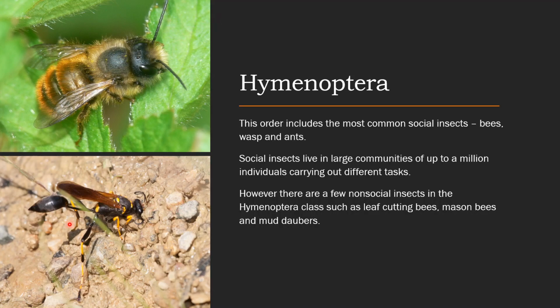And this here is a mud dauber. Now, mud daubers look a lot like wasps, and that's how they survive for the most part. They look so much like wasps, nobody wants to mess with them. However, they are not wasps, and their main thing is just to make nests and to be annoying that way.